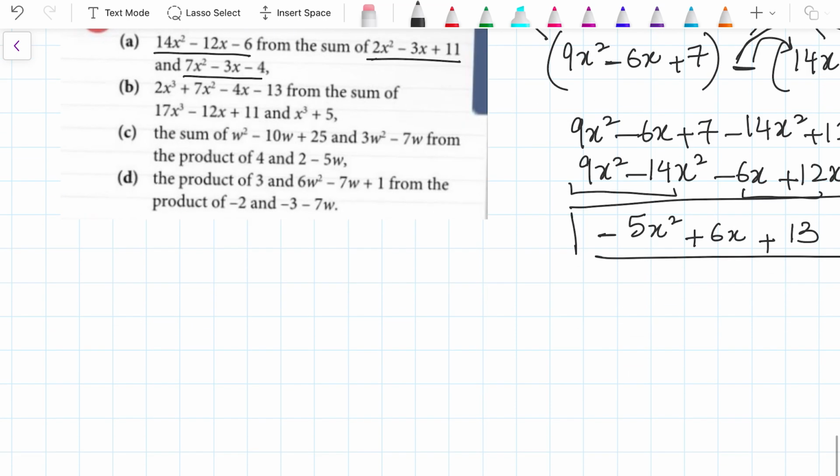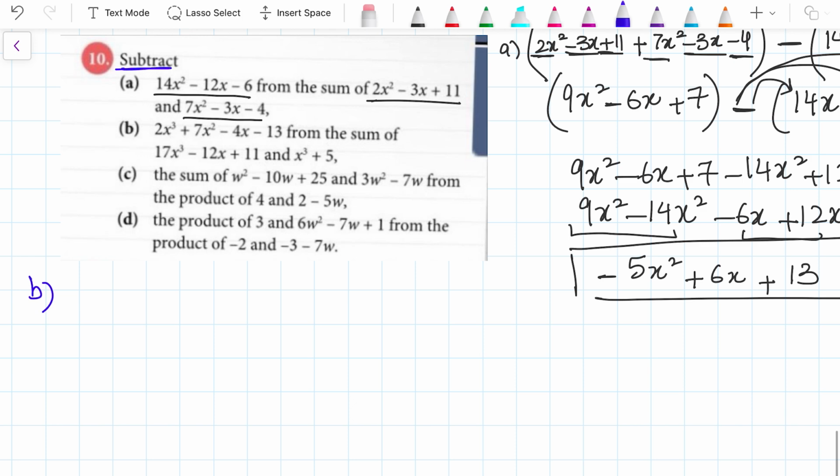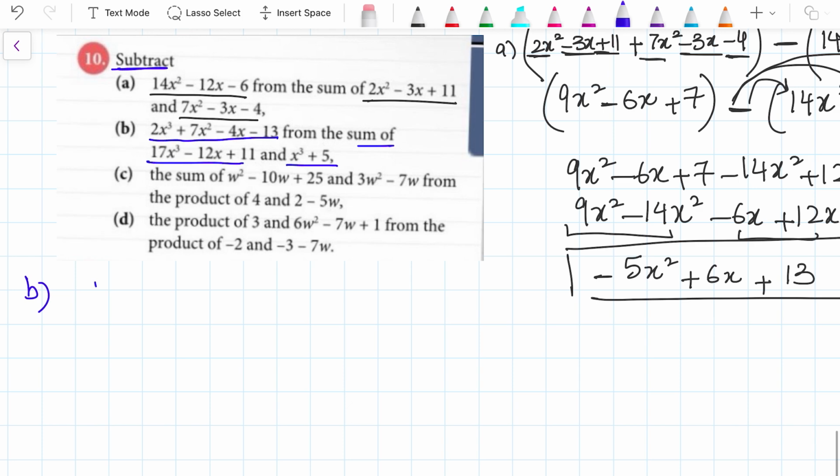Let's do part b now. Subtract 2x cubed from the sum of this and this. Plus, minus.